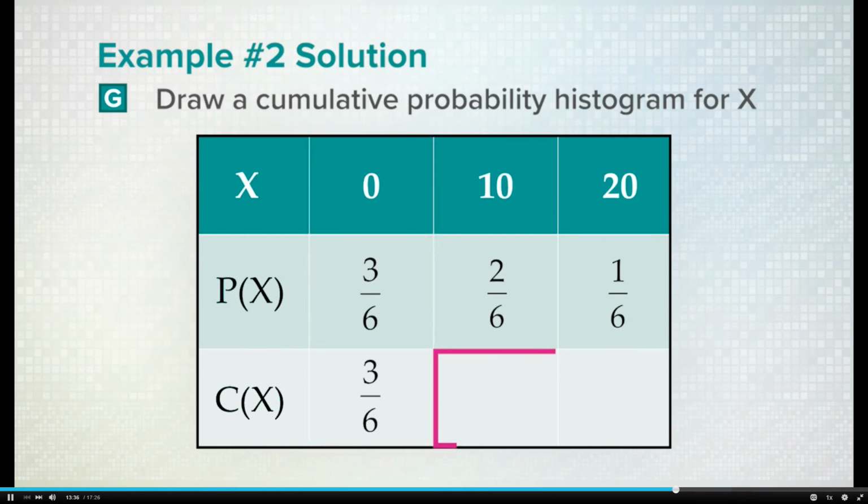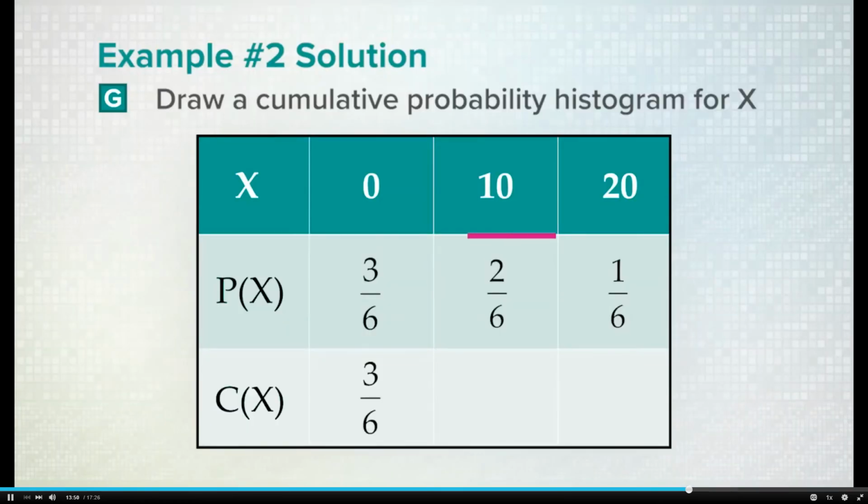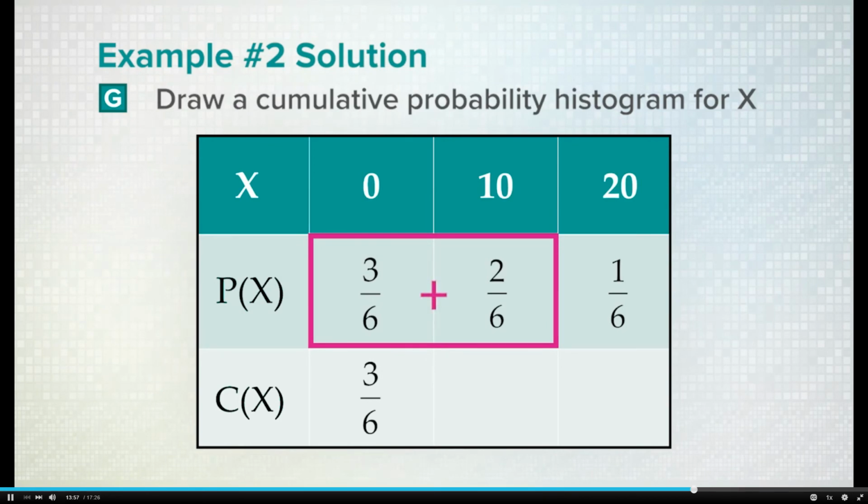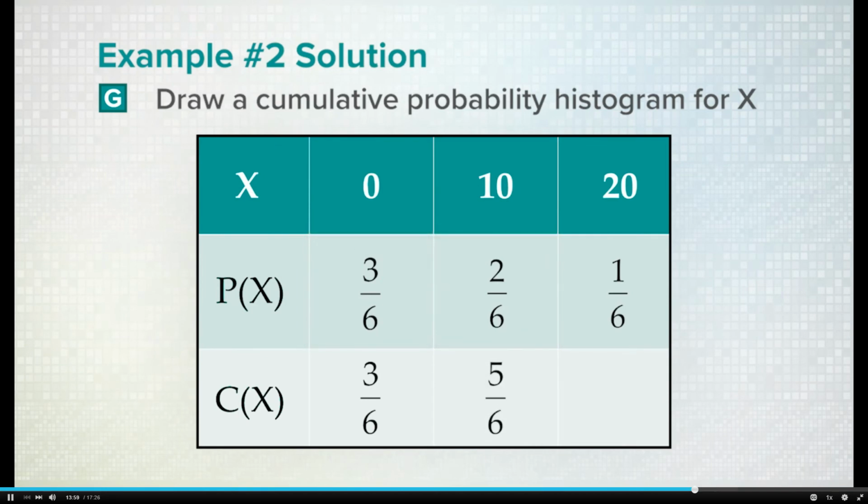But the next column over, the $10 column, in the cumulative row, that means what's the probability I win $10 or less? Well, what I need to do is add up everything up to and including the probabilities for 10. So I'll add the probability for 0 and the probability for 10 to get 3/6 plus 2/6, which is 5/6.